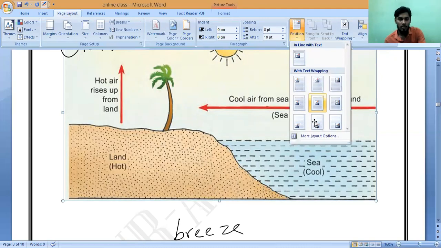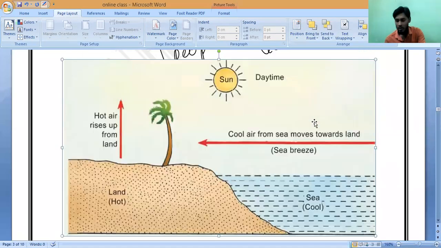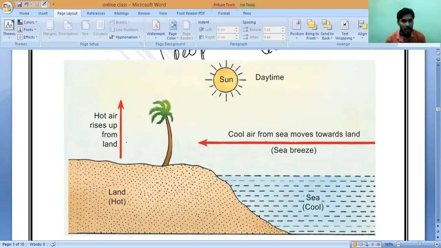Can you observe this picture? Observe very carefully. During the daytime, the hot air rises up from the land, because land is a solid and it will gain the heat energy much faster. In the same way, it will also lose the heat energy much faster. Correct or not?